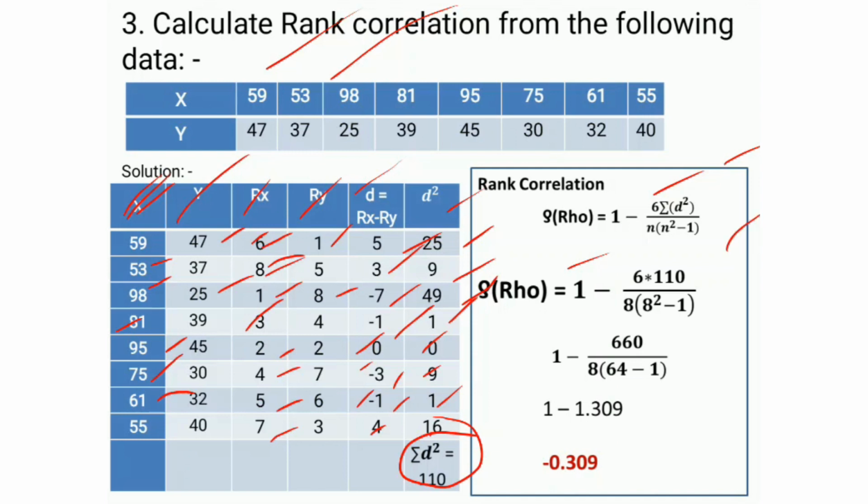What is n? 1, 2, 3, 4, 5, 6, 7, 8 values are given in the question, so the number of variables is 8.